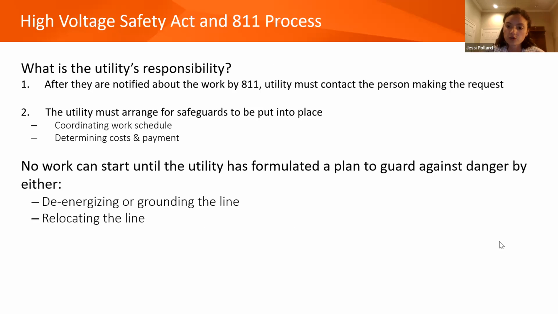Then it's the utility's responsibility to make contact with the person who put in that request in a timely manner. Then the utility must arrange for safeguards to be put into place. So this involves coordinating with work schedules and then determining costs and payment for whatever is needed to make that job safe. So using a Georgia Power example, a lot of times what will happen is an 811 ticket is generated.